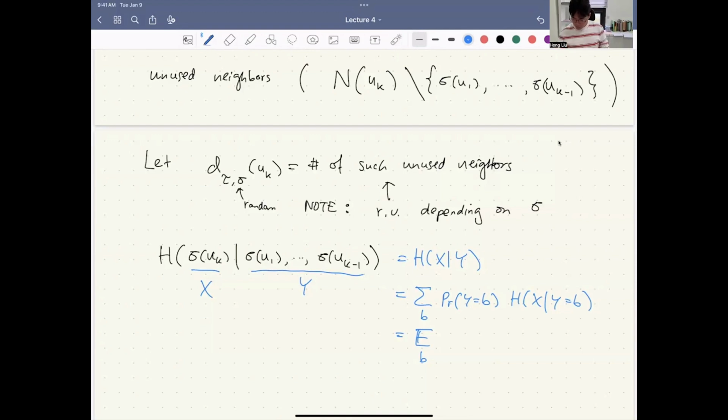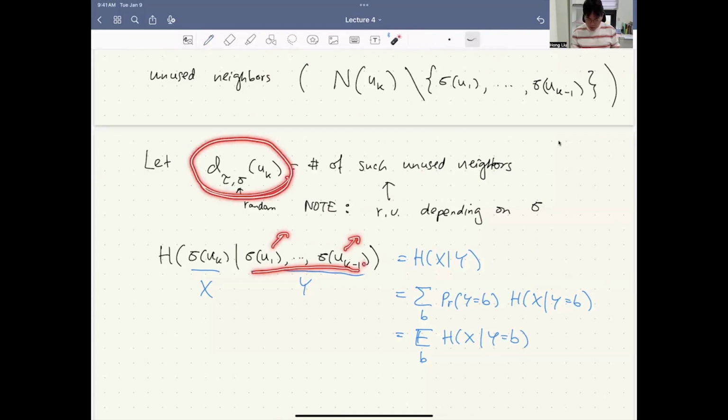Oh, okay, this is fine. H of X, Y equals B. All right, but what is this? As I said, if you fix a particular choice of each one of these, this becomes the number of choices. Sigma UK must take value in a set of size this much.